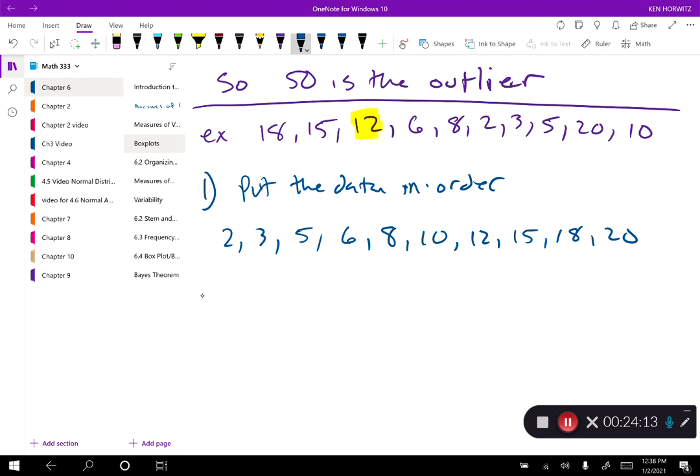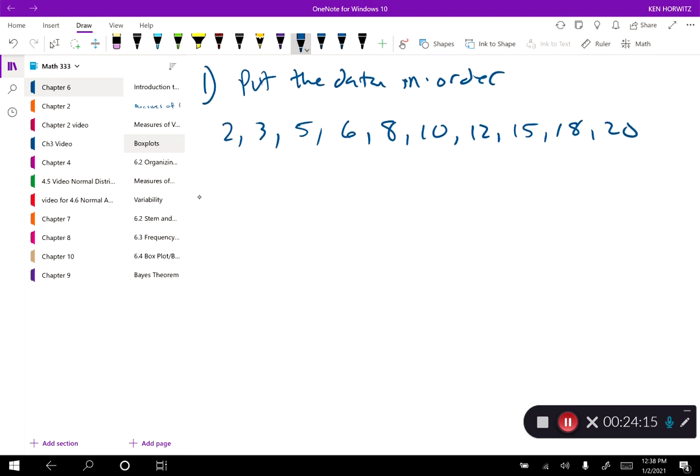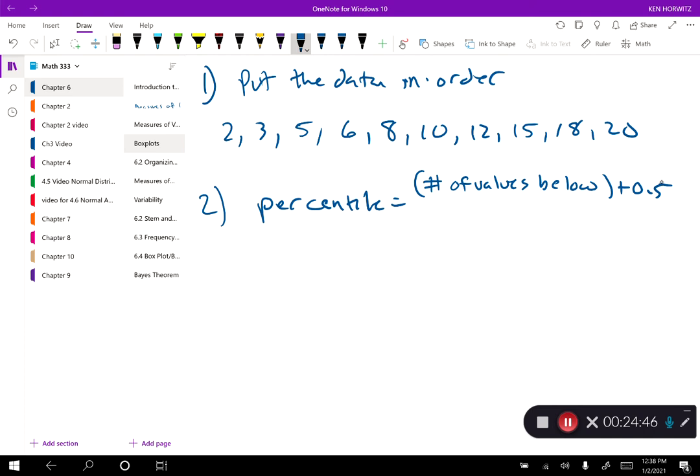Now, the second thing I need to do is I need my formula. So my formula is percentile equals the number of values below your target plus 0.5 divided by the total values.